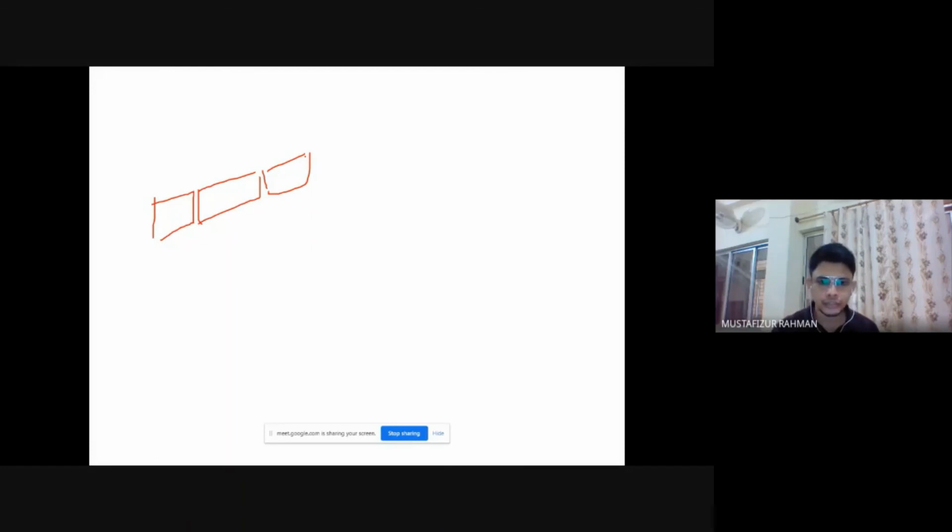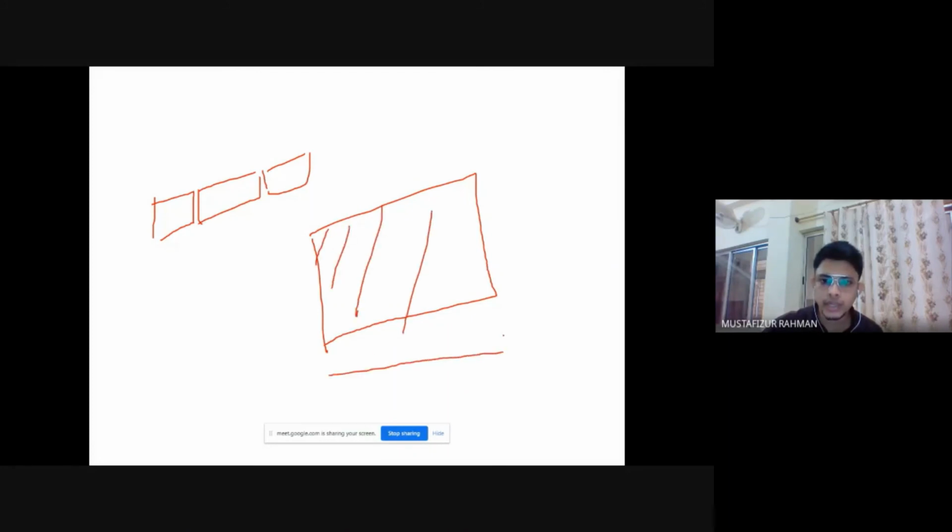So when we do the calculation, we assume the area, say the length is 4 meter, height is 3 meter. So 12 square meter of plastering is required.